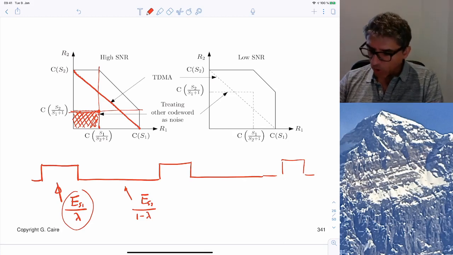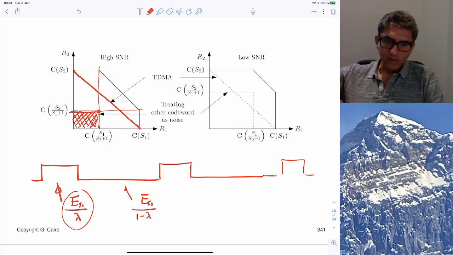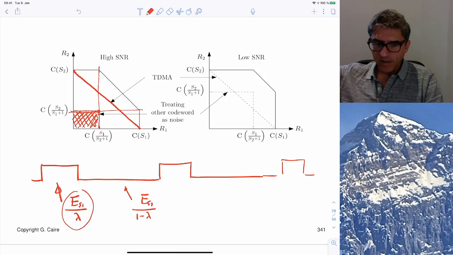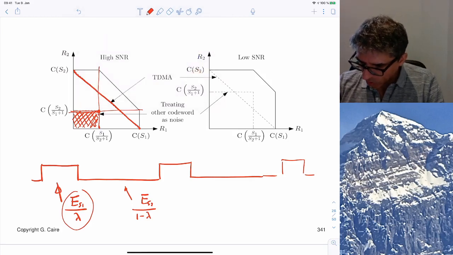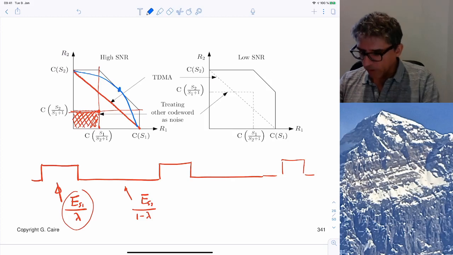And so on average, over time, instead of having a peak energy per symbol, we have a time average energy per symbol constraint, then it turns out that with orthogonal access we can do a little bit better. We can do something like this, and this region will touch the dominant phase in one point.